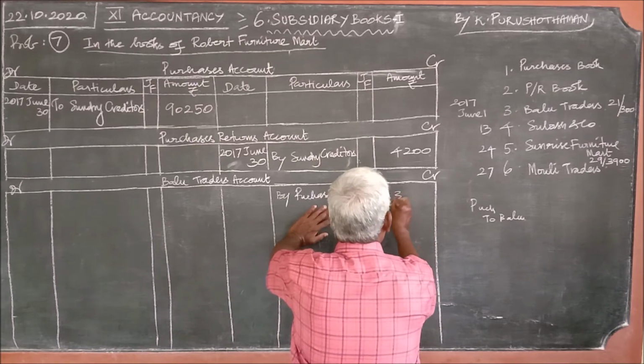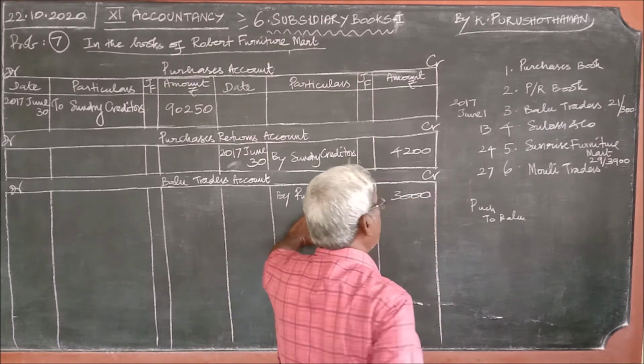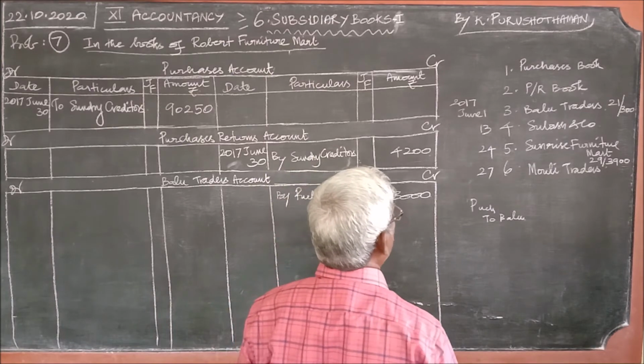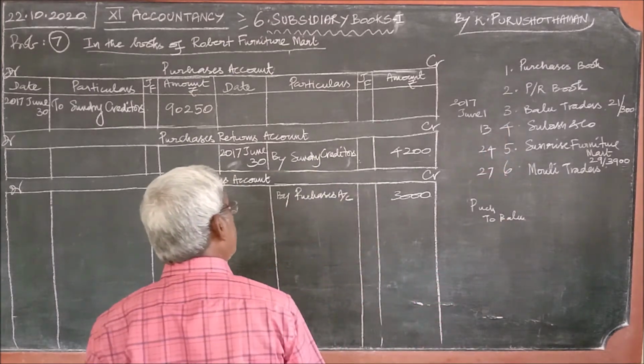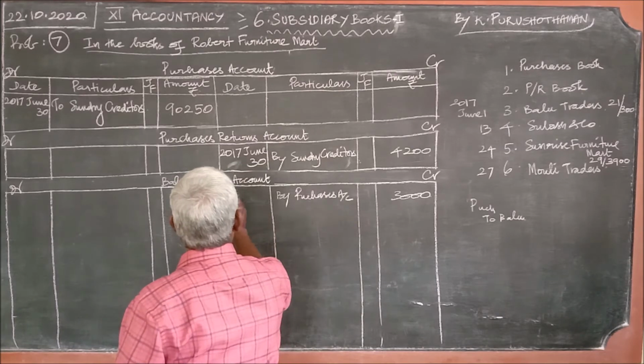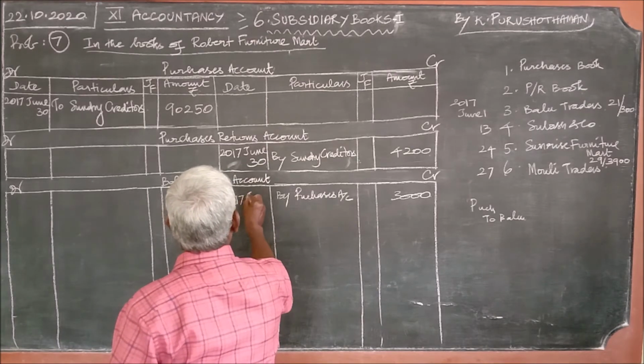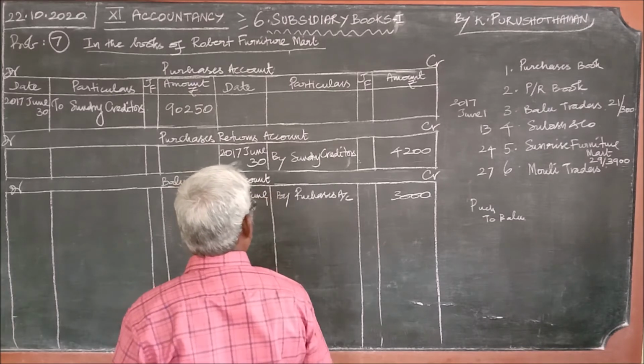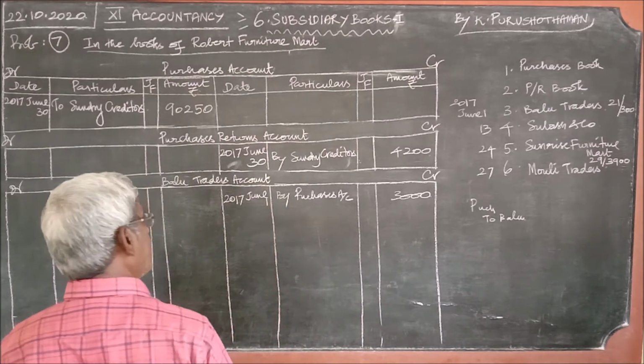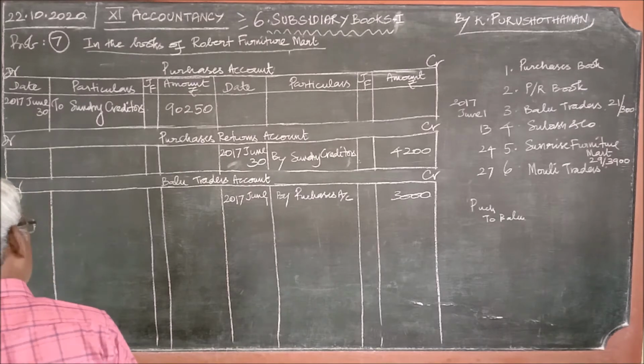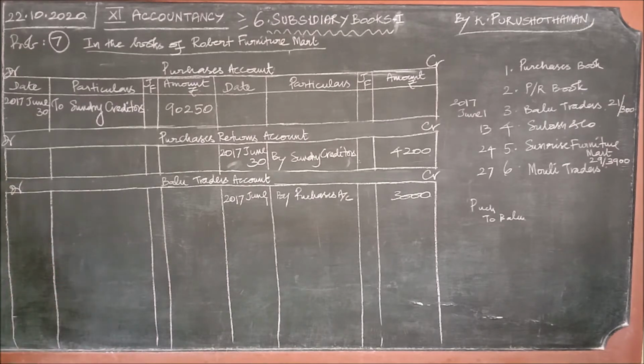On June 1st, 3,000 valued goods are purchased, but on 2017 June 21st, some goods valued 300 were returned.